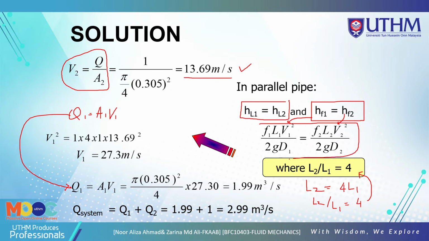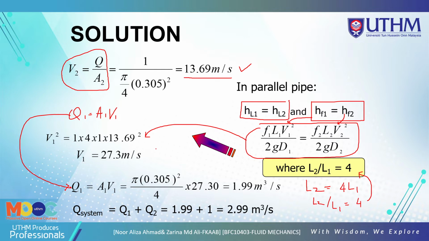Okay, so you just put F1 L1 V1 squared over 2G D1 is equal to F2 L2 V2 squared over 2G D2. You put the L2 over L1 into this formula, and then you get V1. After you solve this continuity equation based on L2 over L1, you get the value here.